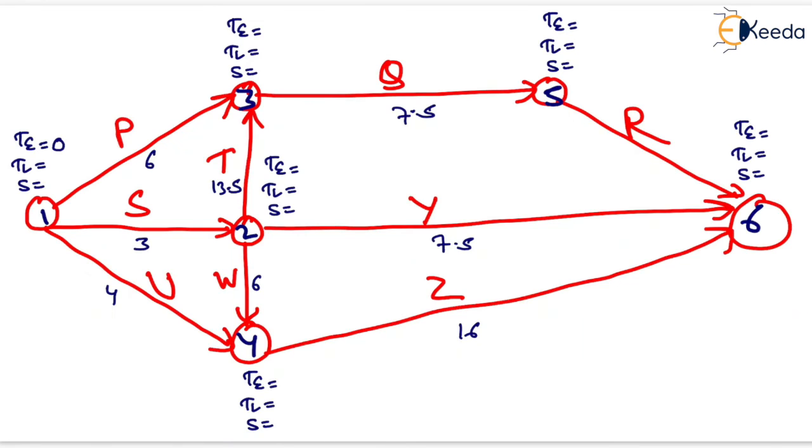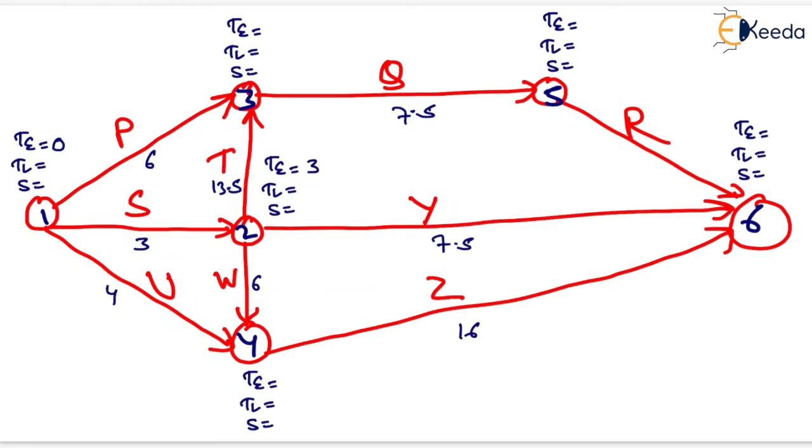Now the earliest expected time of event 1 is 0, because it is not given in the question, so we will write it as 0. For event 2 it is 0 plus 3, that is 3, which is shown here.